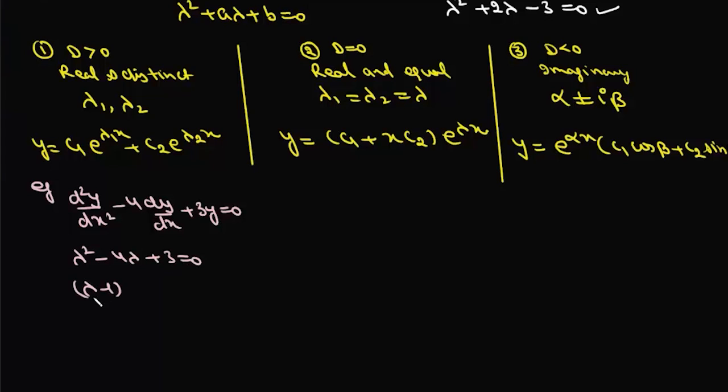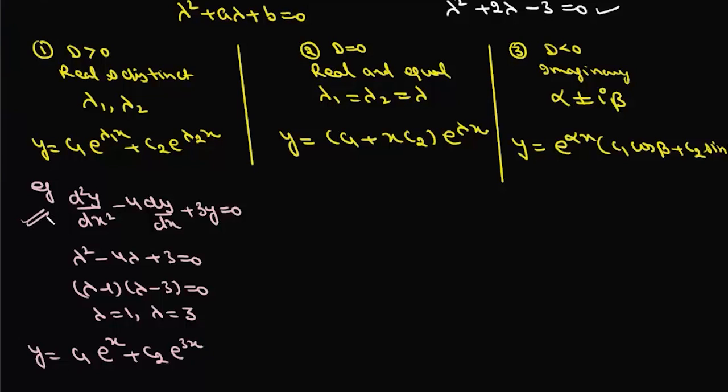Now this is (lambda minus 1)(lambda minus 3) equals to 0. So we have two distinct values of lambda, lambda equals 1 and lambda equals 3. So we can write its solution as y equals c1 e to the power lambda 1 x, so there will be e to the power x, plus c2 e to the power 3x.